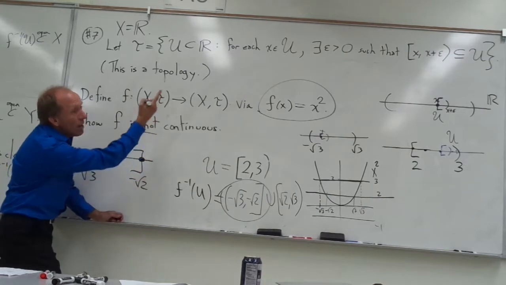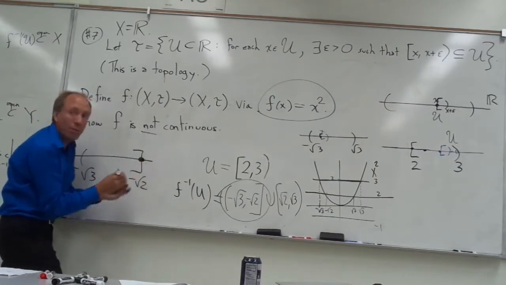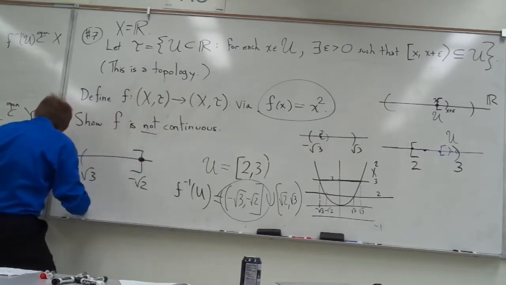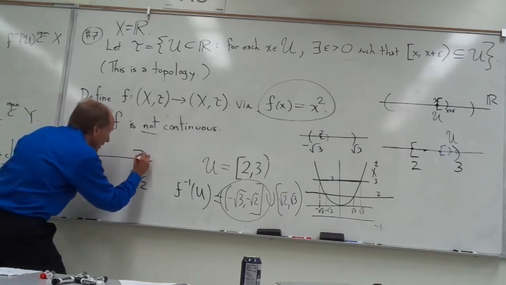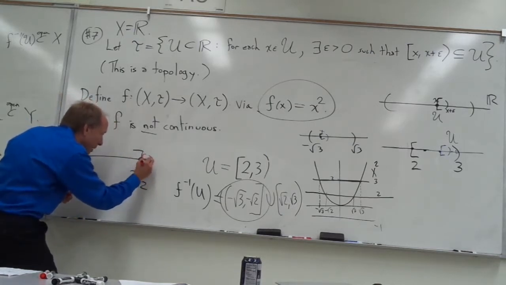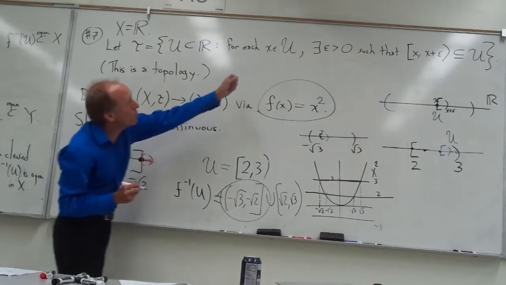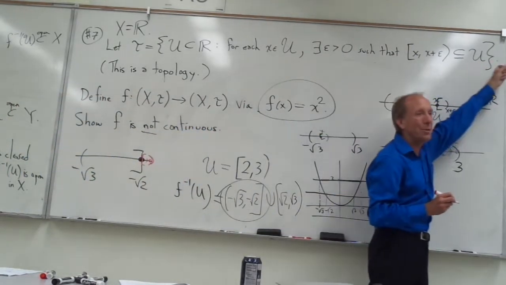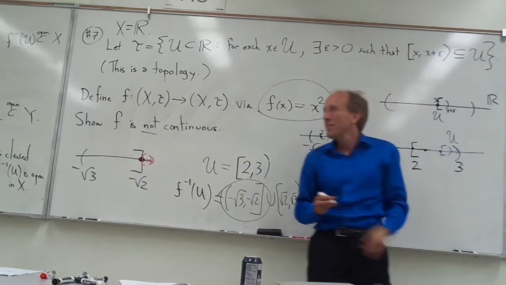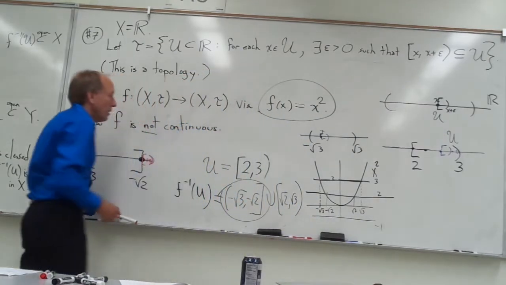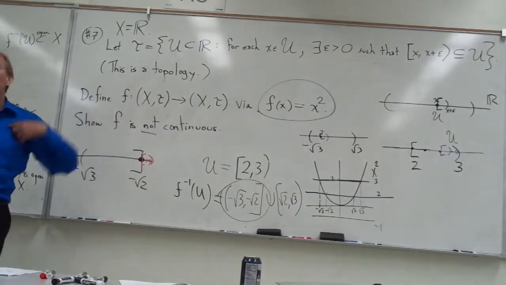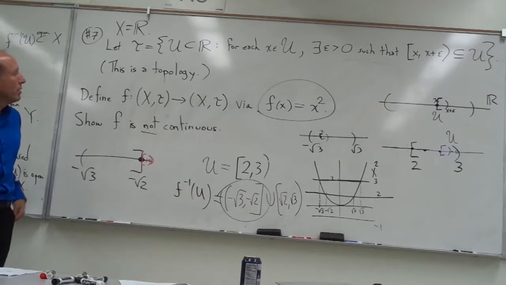And I don't care how small your epsilon is, when you make that little sort of half open interval thing, it is not possible. This is bad news right here. It is outside of the set U, you see. So this is a pre-image that is not open in the domain.